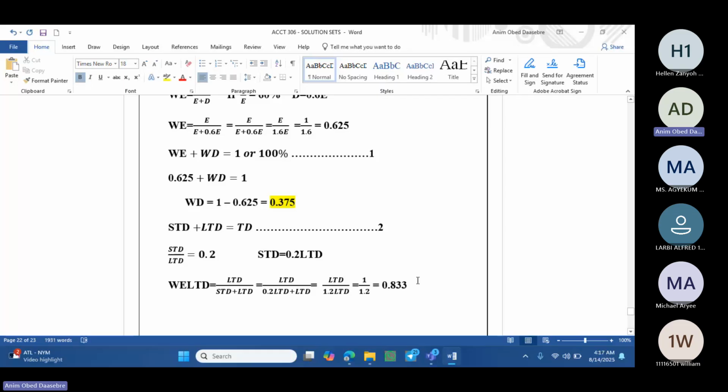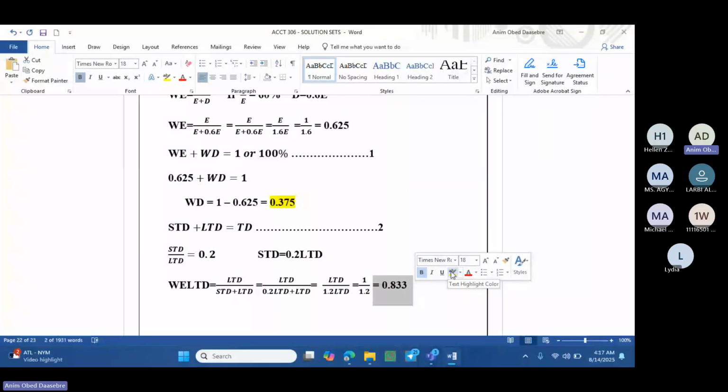So we need to also find the weight of this. Is the weight of what? Short-term debt. So we need to find the total, the actual. This is the percentage of what? The two. But this is the total.